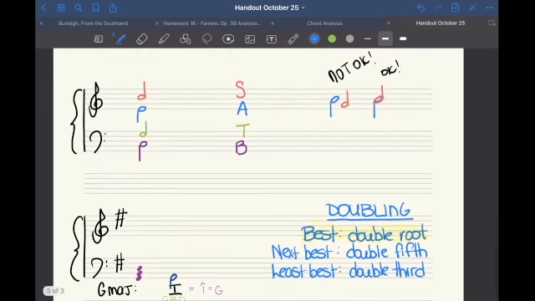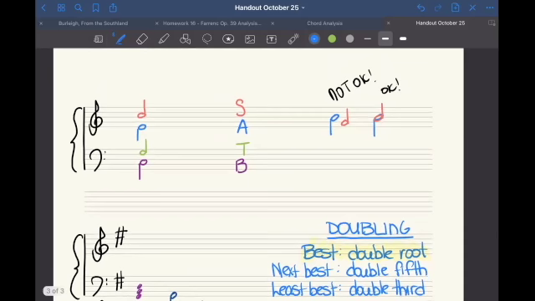So scrolling back up here, I hope I'm not making anyone motion sick. Your soprano and your alto can be an octave apart precisely. So this is okay. An octave is your max, though. You cannot go any wider than that.